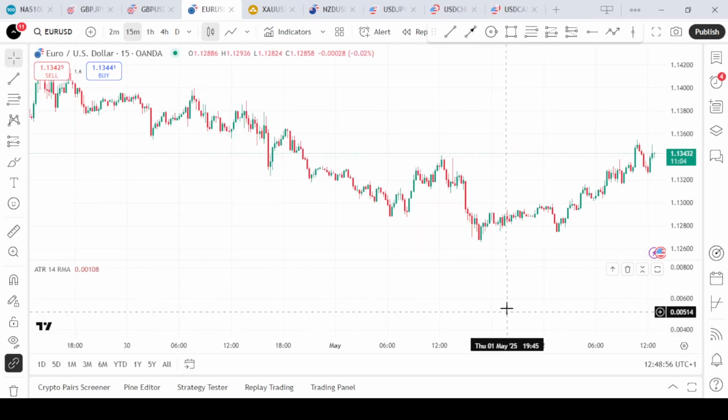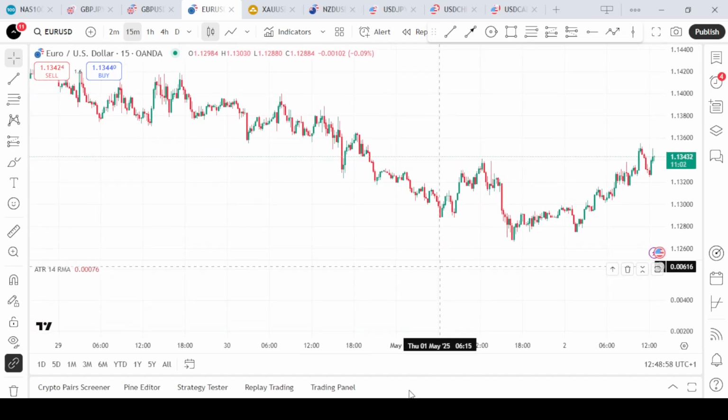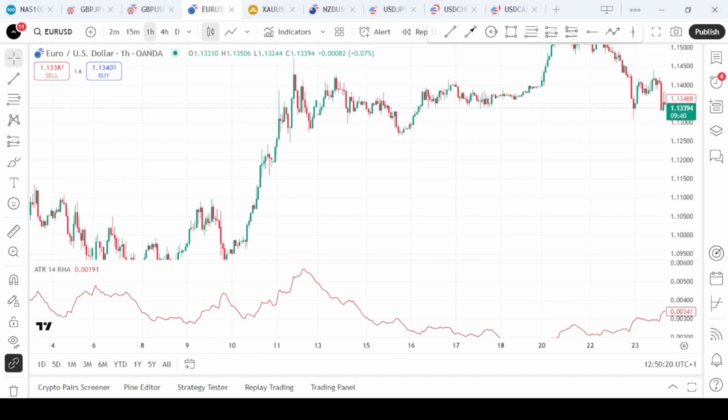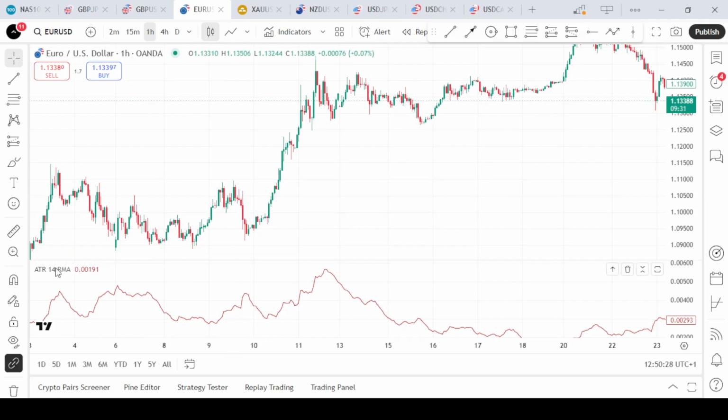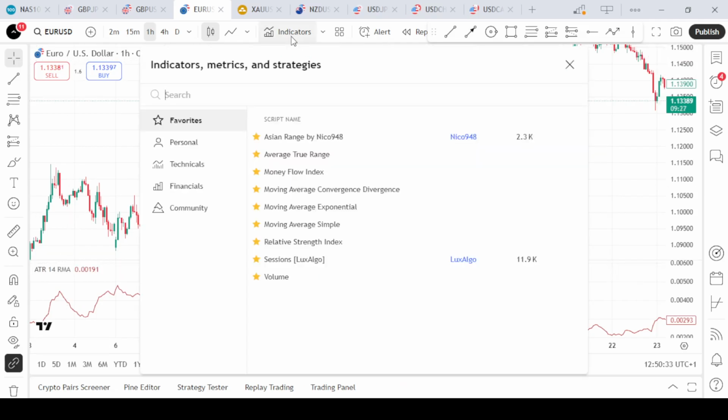You just need to focus on the shorter minutes time frames. The second step is to set up your ATR indicator. To set this indicator up, you go to your indicators and add your average true range.